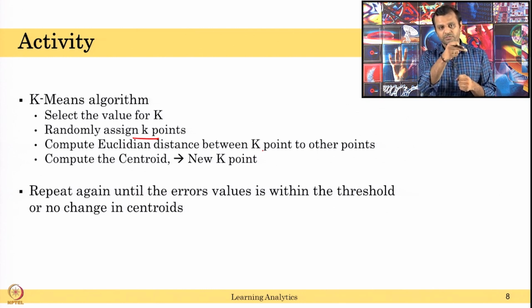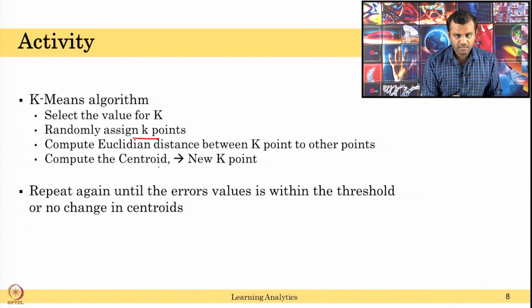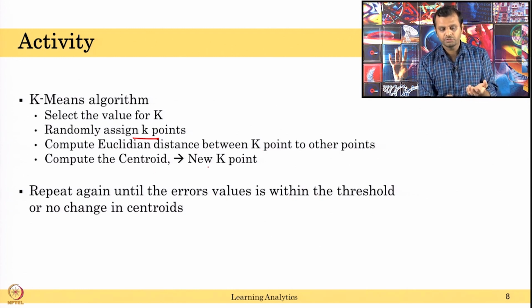That centroid is moving to the average or the center of all these data points. So, you compute a centroid again of the data points of the newly formed clusters, and that centroid will act as the new centroid, the new K point. Now the number of K's is still the same, it is not reducing, we are just moving the centroids here and there.